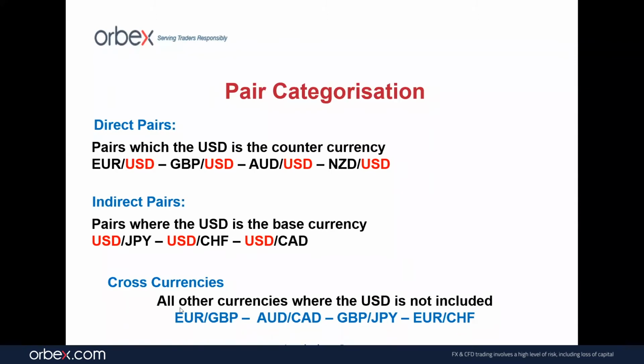However, don't be fooled that the American dollar cannot influence these other currencies as well. Even if the American dollar isn't involved in this symbol or this currency pair, it can still affect the direction of the pair anyway.